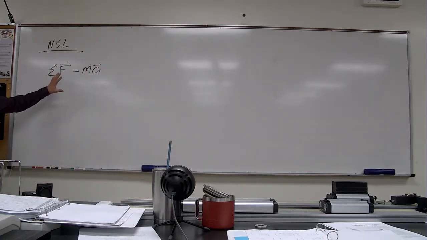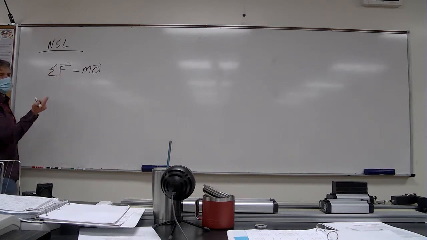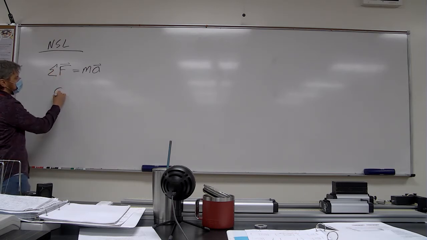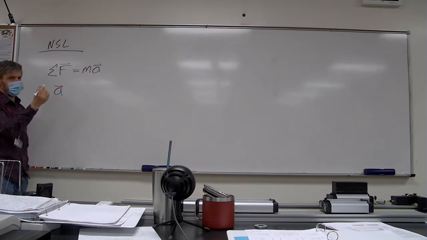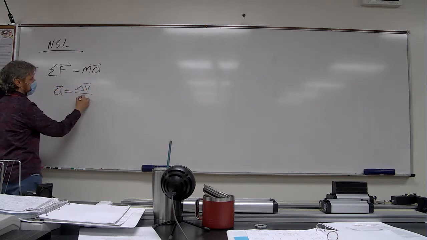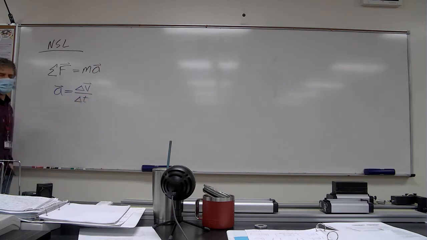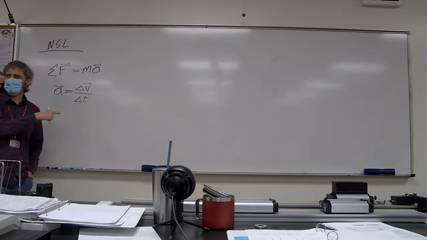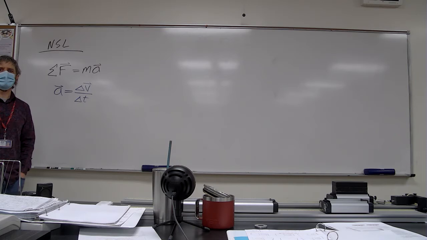So, I'm just going to do some algebra here. I'm going to make some substitutions. First of all, I know, you should know, you need to at this point. If you don't, you're in the wrong class. That acceleration is change in velocity over the time interval over which that velocity changes. Most of the time, you just write t in the uniformly accelerated motion equations, kinematic equations.